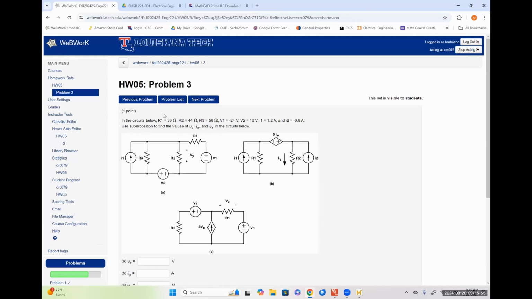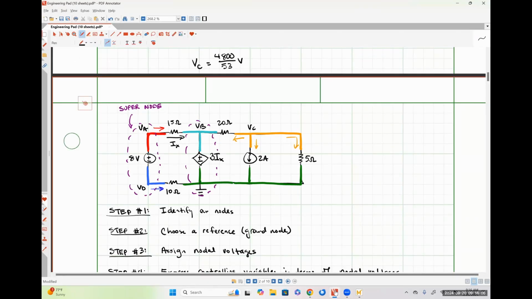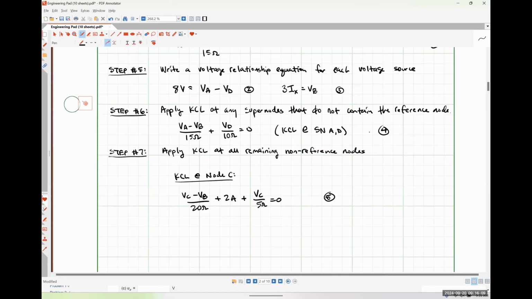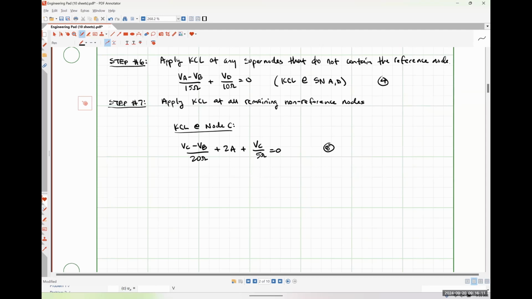So let's look at just part B right here. I guess technically I forgot step 8, which is just to solve the system, but you guys probably got that we were supposed to do it at that point.